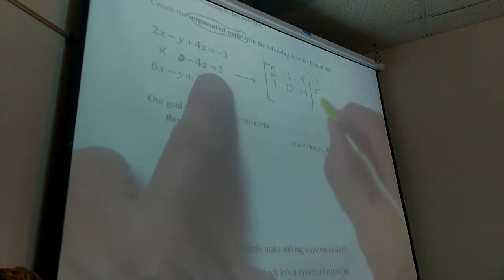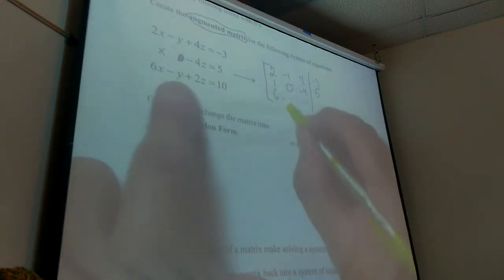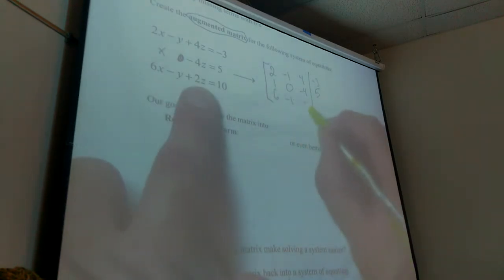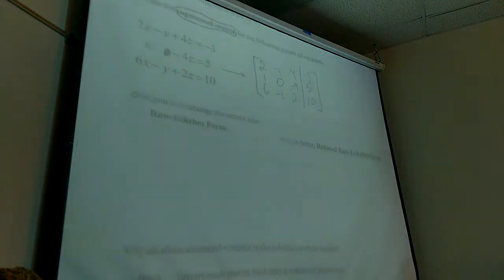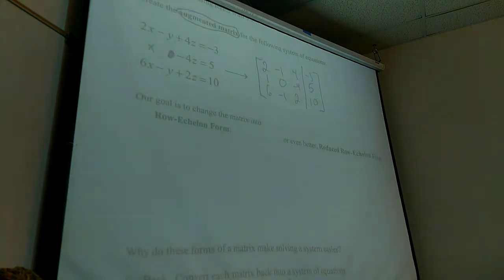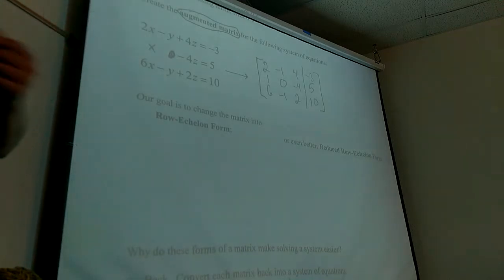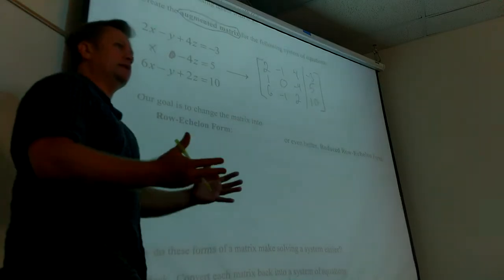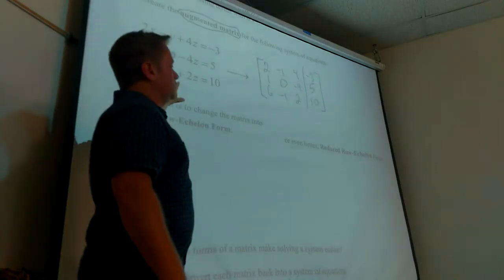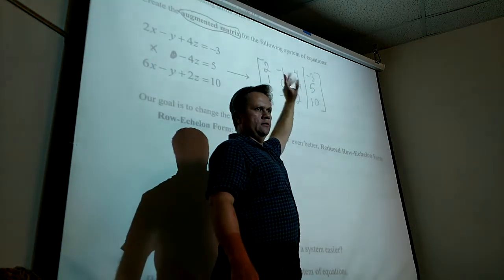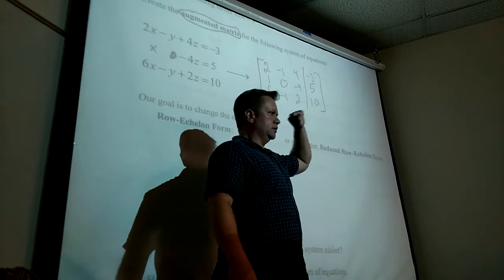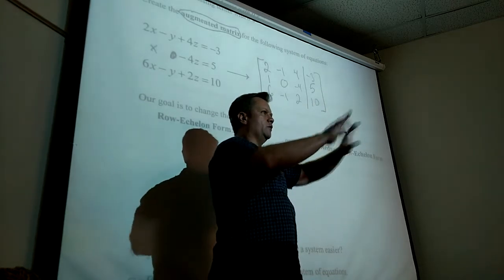And then 5. And then here, 6, -1, 2, 10. So that's basic stuff. That's just setting up the matrix. We haven't even talked about what to do with it next. But that is how you take a system of equations and represent it in a matrix. Okay, I like it. So I never have to write x's and y's and z's anymore.